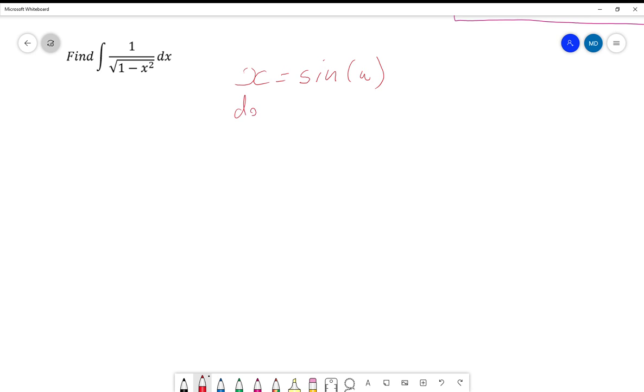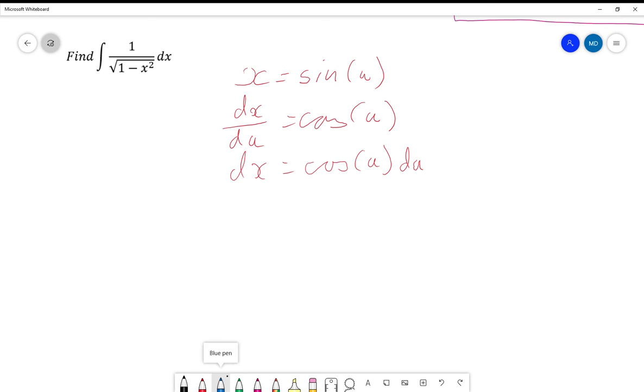And we're going to get dx by du is equal to cosine of u, therefore dx is equal to cosine of u du. Now we can plug this in, and you can see why this works quite nicely. Let's call the dx, put it in blue.